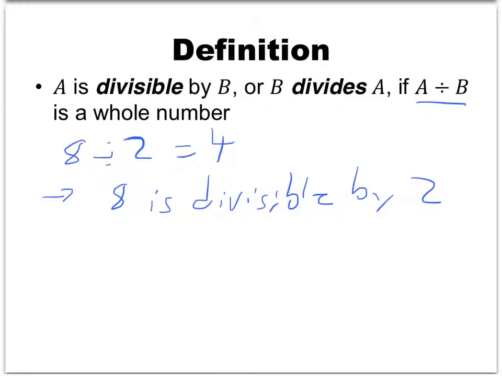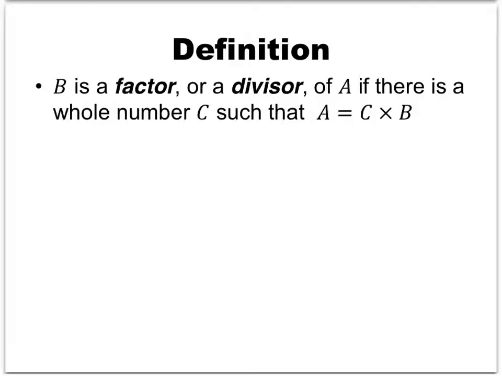Or another way we could say this is that the number 2 divides the number 8. So from this one equation we can get two statements. 8 is divisible by 2, which is equivalent to the statement that 2 divides 8.